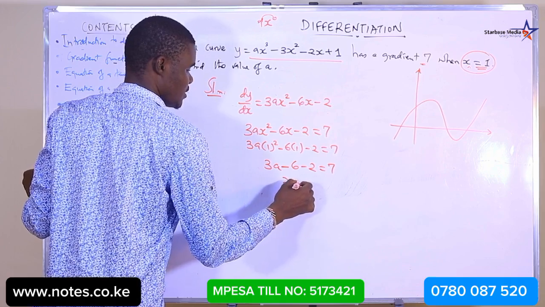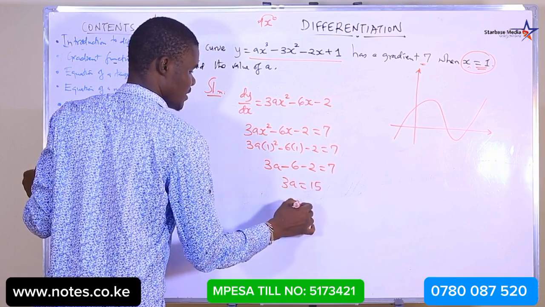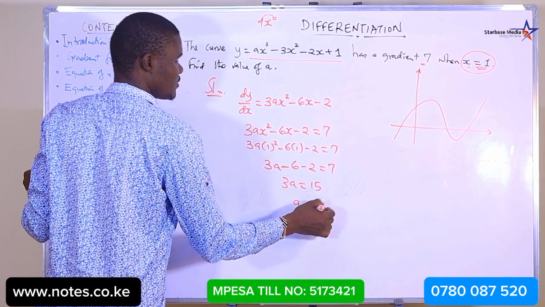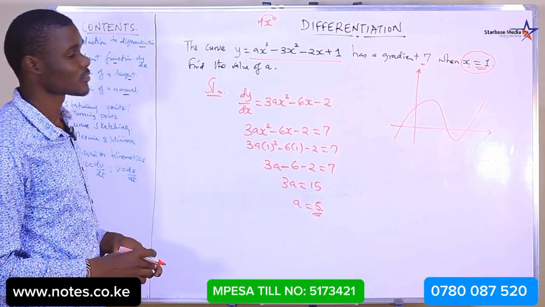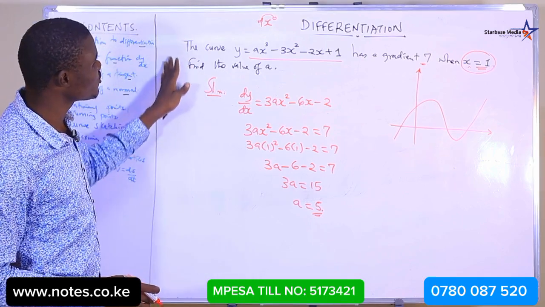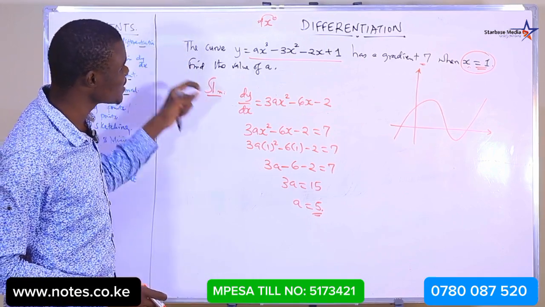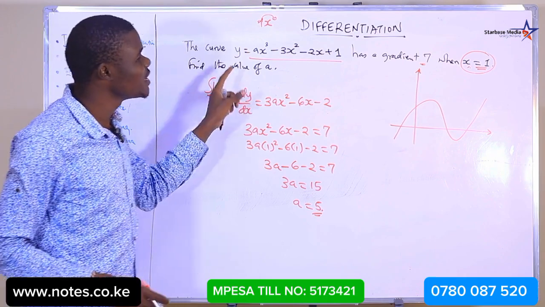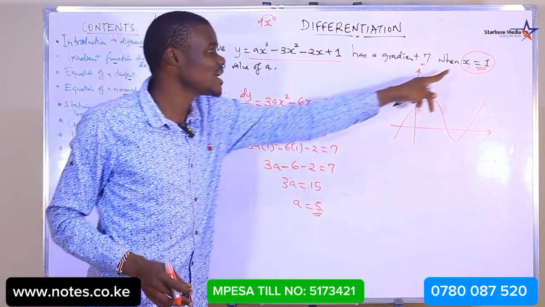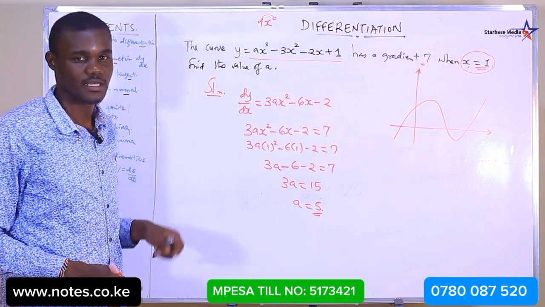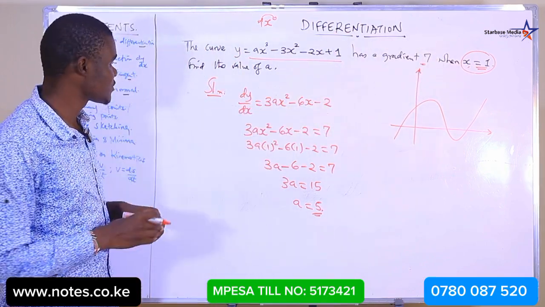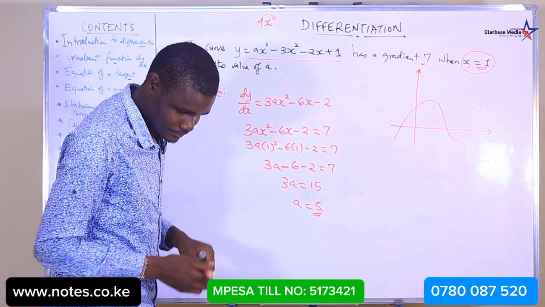So 3a is going to be 15 and a is going to be 5. Simple. So this one is a question that majorly tests whether you know that the gradient function can give us the gradient when we are given a point. Okay? Yes, so that is it. So we can proceed now.